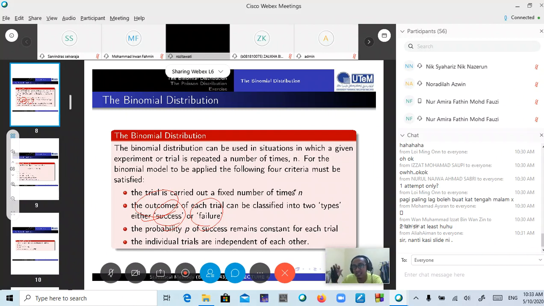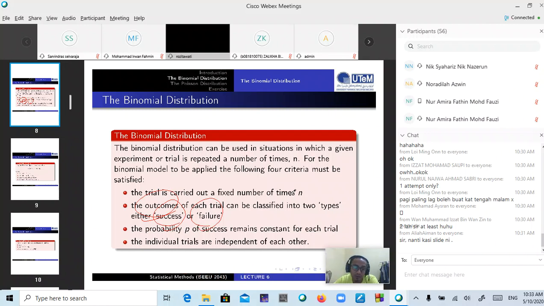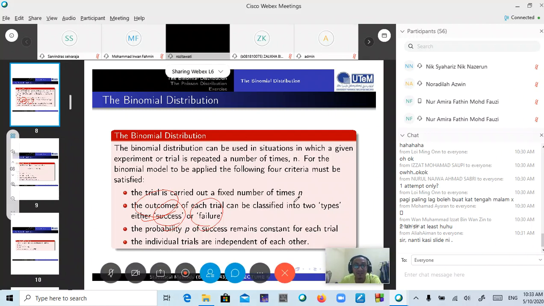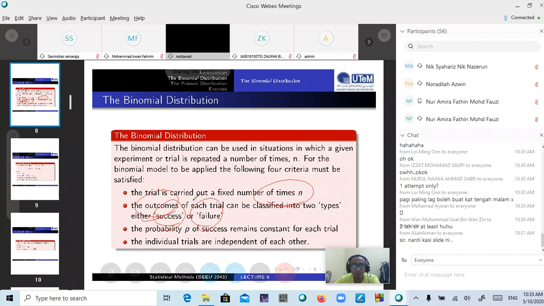It has several number of trials, so it will have a value of n, and only two outcomes, probability of success and probability of failure. It cannot have many outcomes.